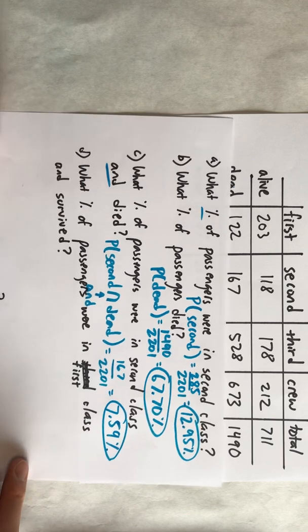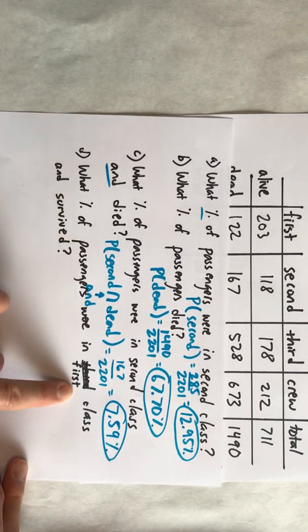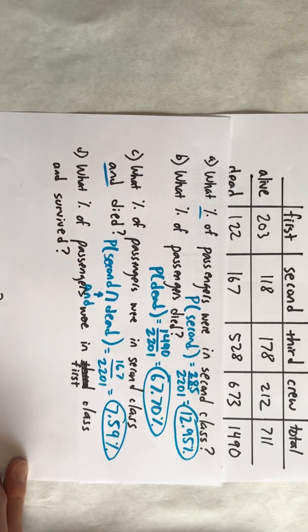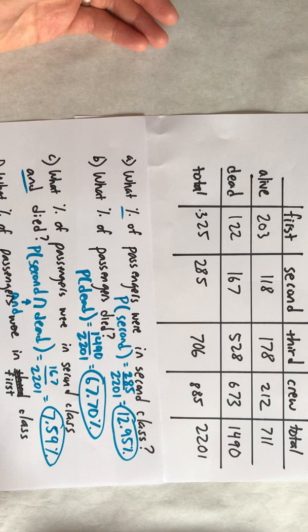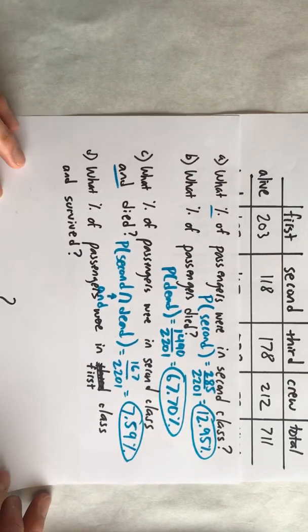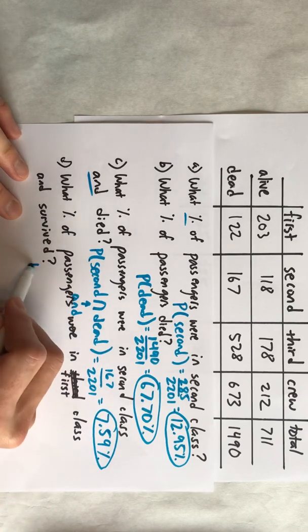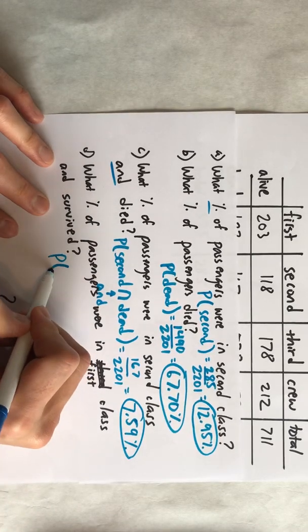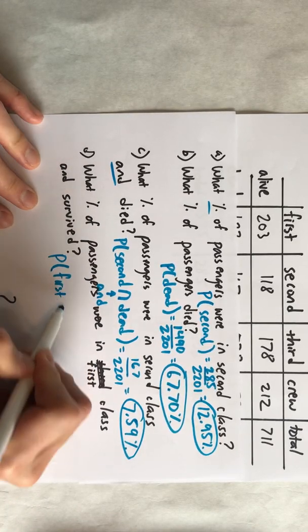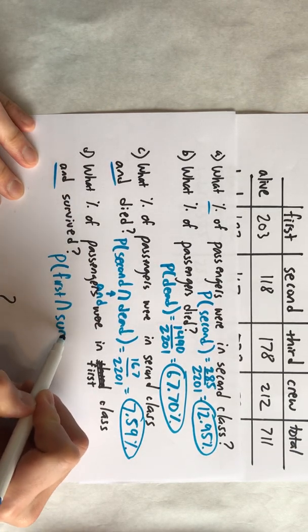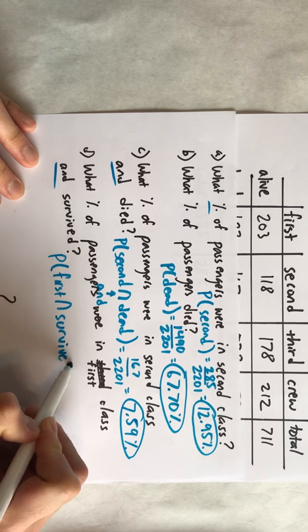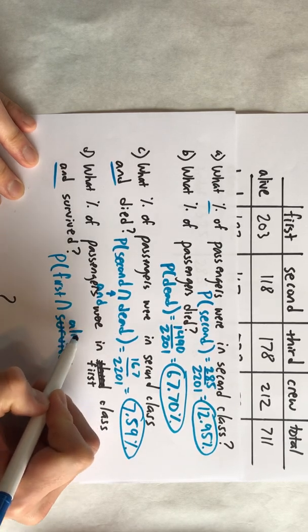Now, next question, what percent of passengers were in first class and survived? Because I always thought about this. I wonder if people that were in first class had like a higher survival chance because they're first class passengers. So, probability of first, and there's an "and" word again, and survived, or maybe we should write alive.